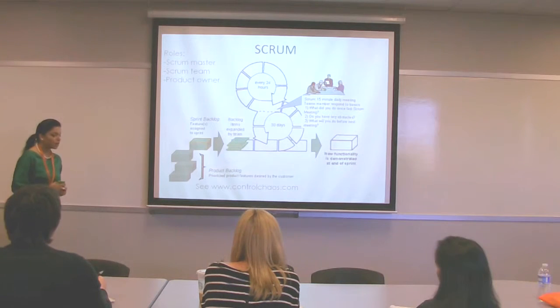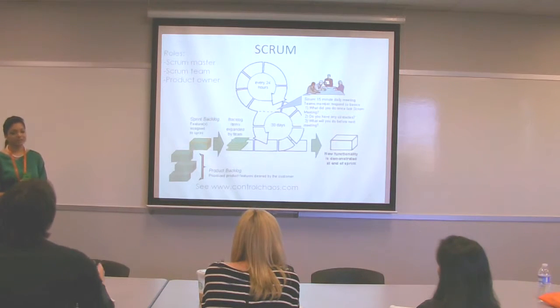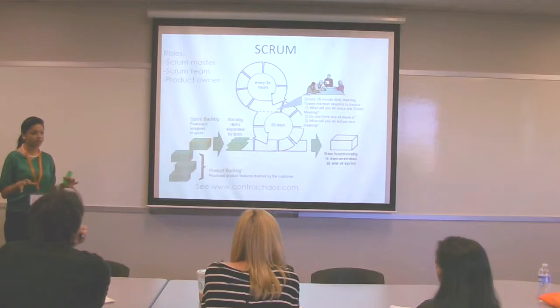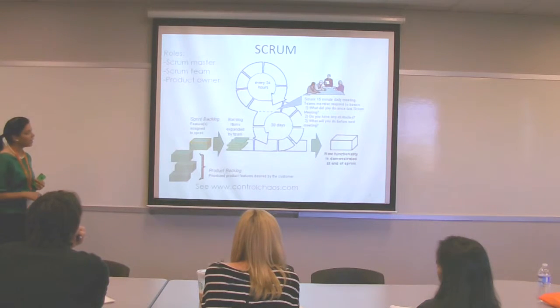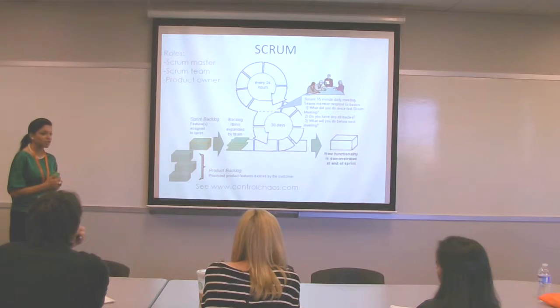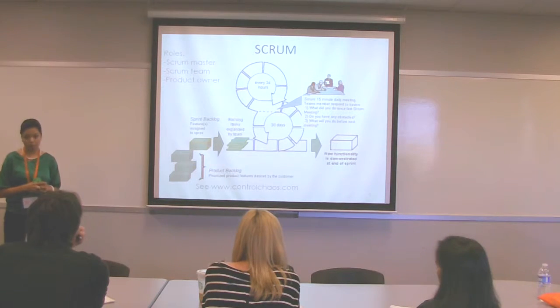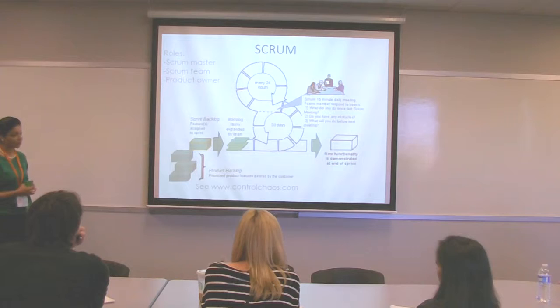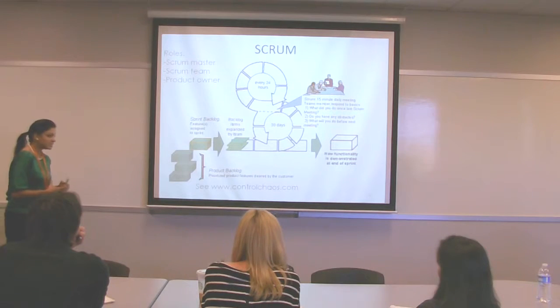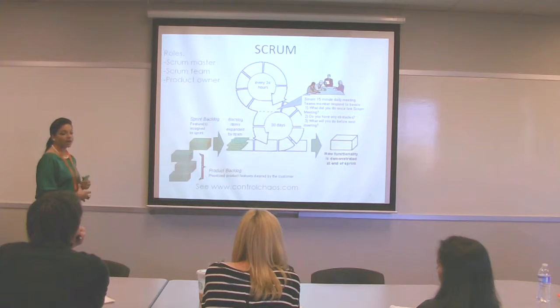Okay, Scrum. So Agile has many methodologies under its umbrella. It has XP, Lean, Crystal, and Scrum, which is most widely followed because it's a very lightweight framework. It can be easily adapted with the kind of traditional development that we are doing today.